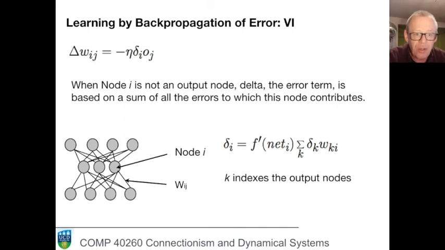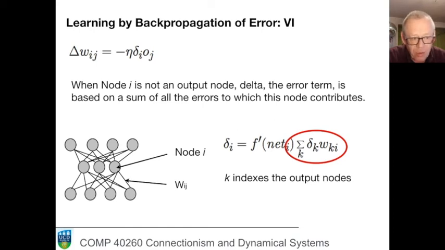When the receiving unit is not an output node, but is itself a hidden unit, then the error term here is based on the error as seen across all the output units to which this hidden unit contributes. So the delta here is a bit more complicated, but if you look at the bit I've circled in red there, that sums over all the output units.